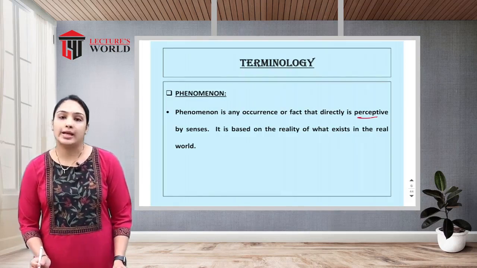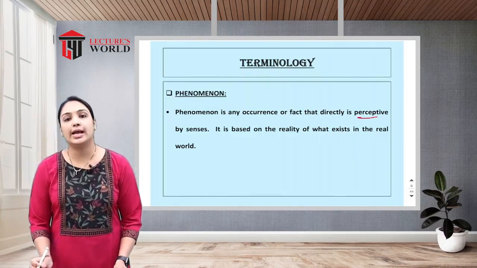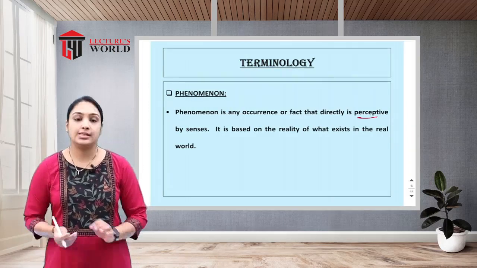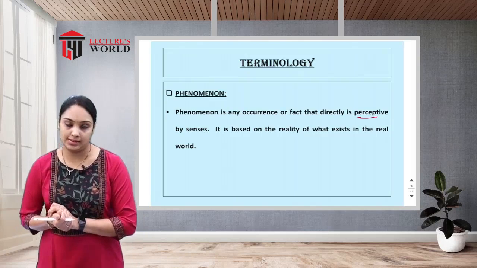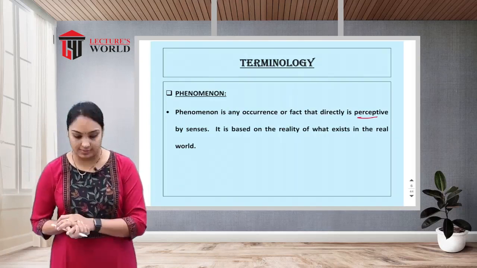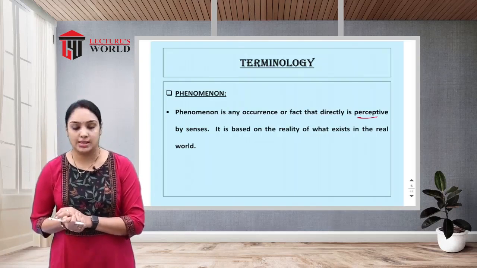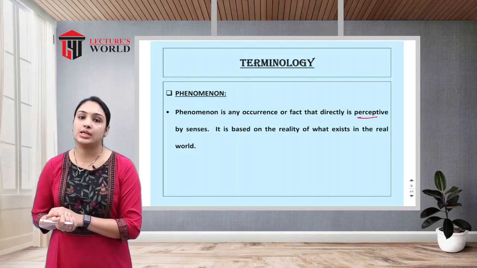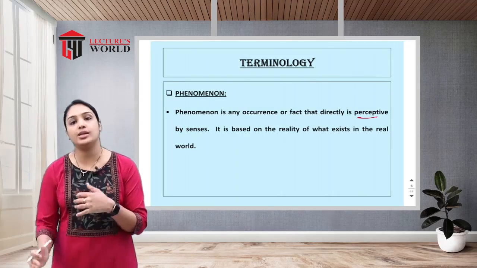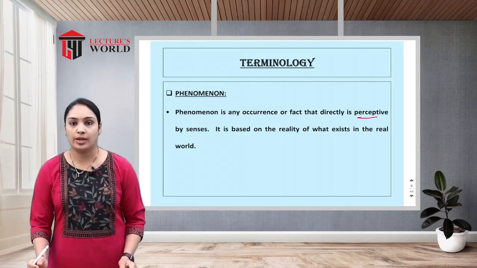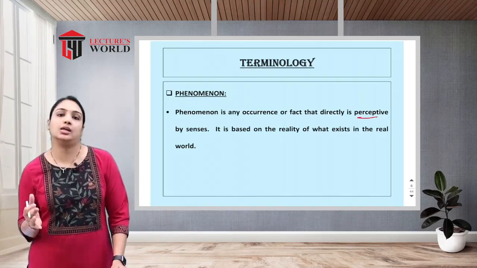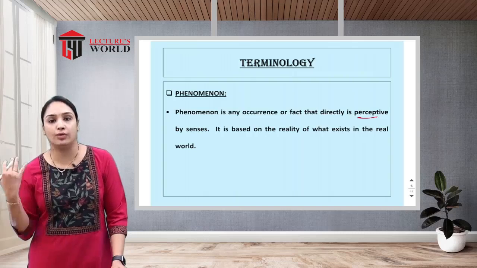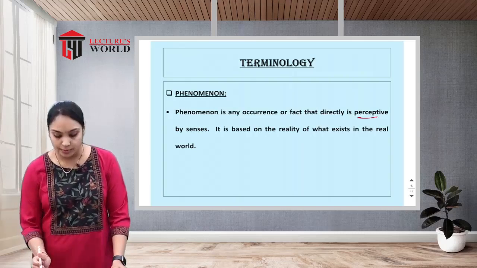So any fact or any occurrence that we directly perceive through the human senses is known as a phenomenon. It is mainly based on reality. Whatever reality, fact or occurrence is occurring in the real world is known as a phenomenon.